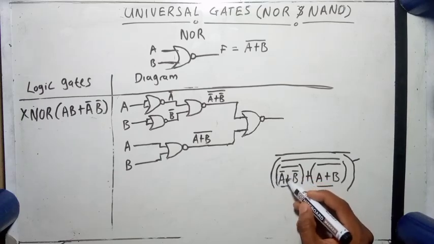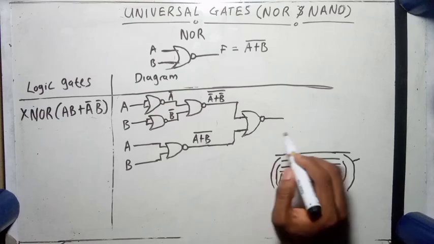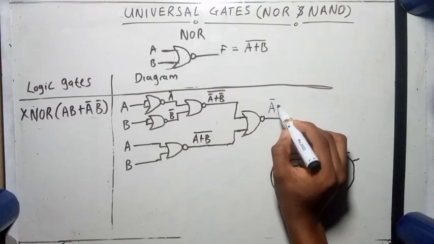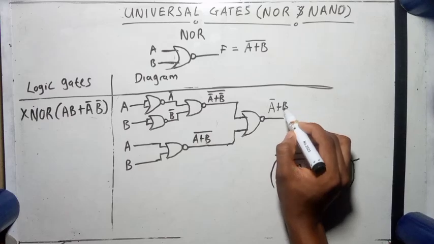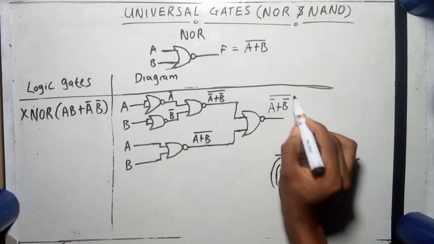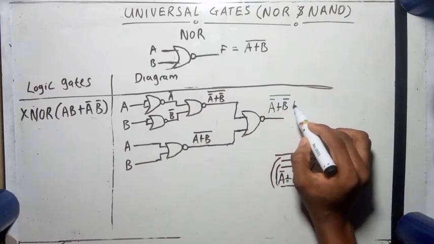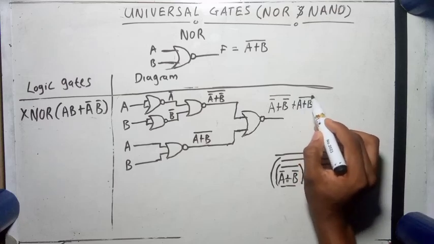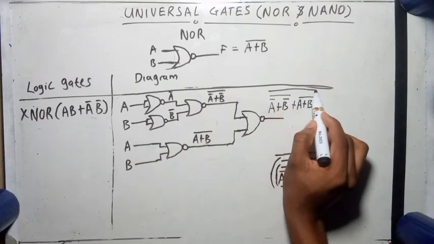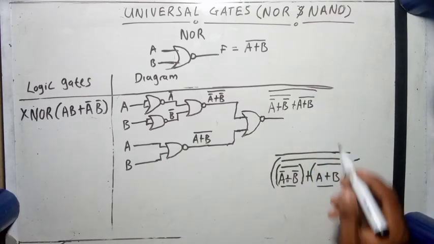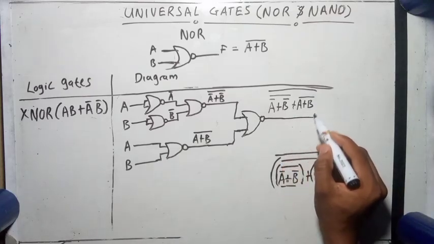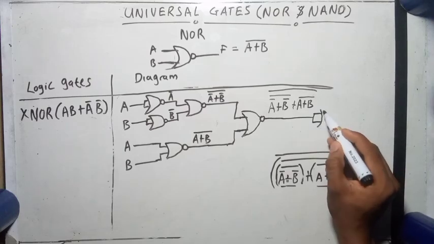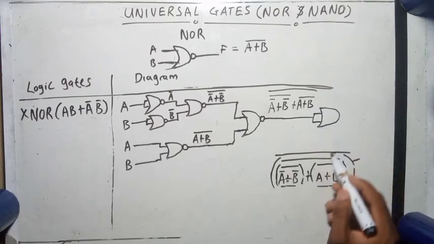So these two coming together will then form this, which is our A bar plus B bar or bar, plus A plus B or bar, then general bar. That is for this one. Then we negate it finally, presenting the last bar on top.